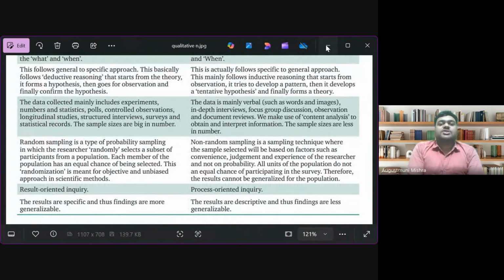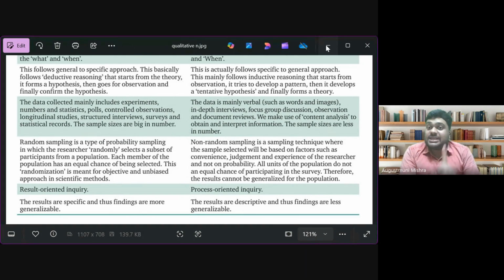So, in quantitative research, random sampling is a type of probability sampling in which the researcher randomly selects a subset of participants from a population. Each member of the population has an equal chance of being selected. This randomization is meant for an objective and unbiased approach in the scientific method.